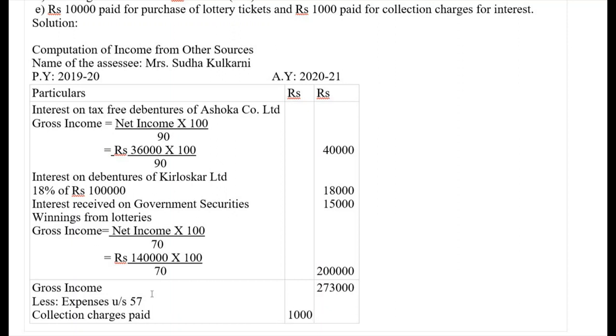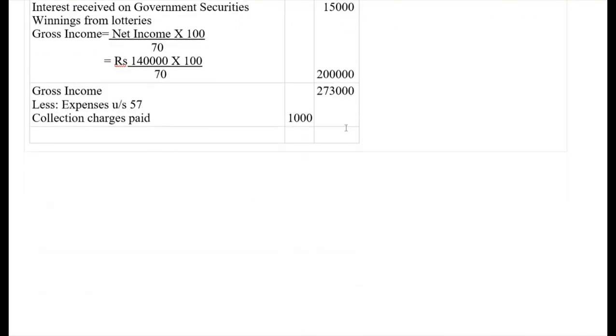Now let me take the next column. The 1000 rupees we should deduct here. Then income from other sources comes to 2,72,000.